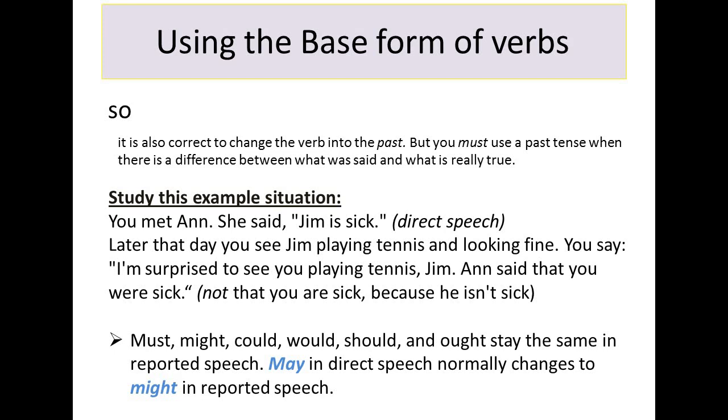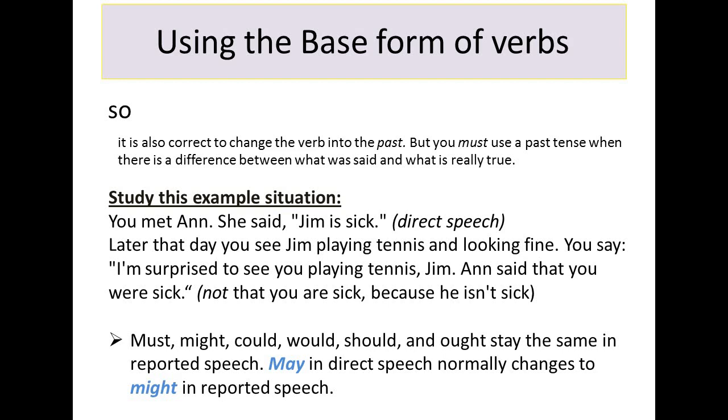You say, "I'm surprised to see you playing tennis, Jim. Anne said that you were sick, not that you are sick."